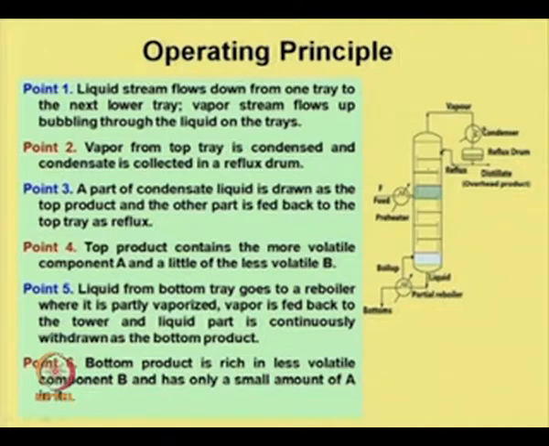Vapor from the top tray is condensed in the condenser, and then it is collected in a drum which is known as the reflux drum.